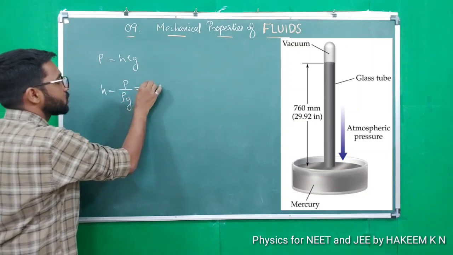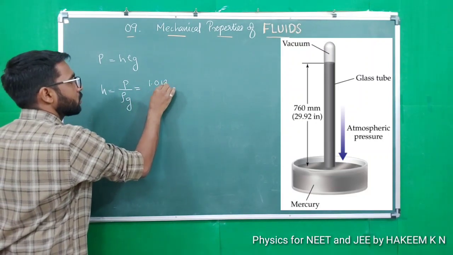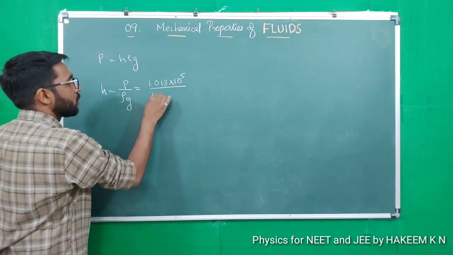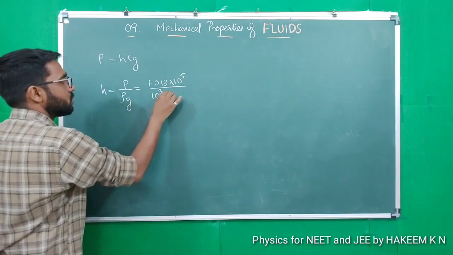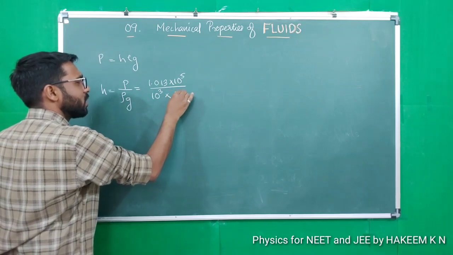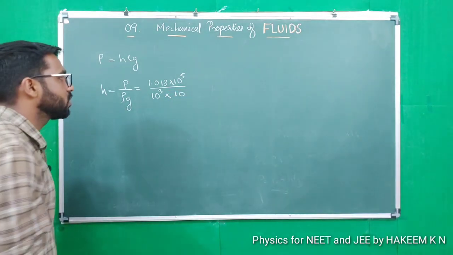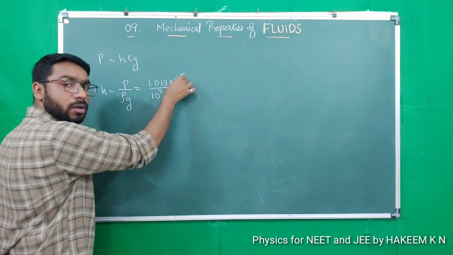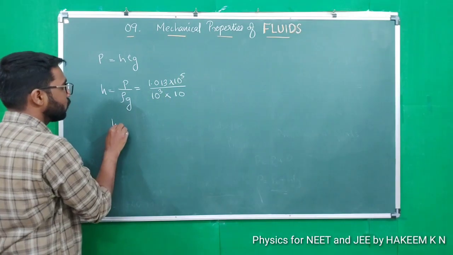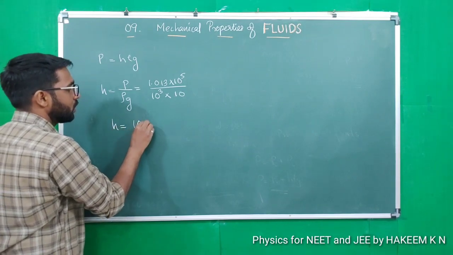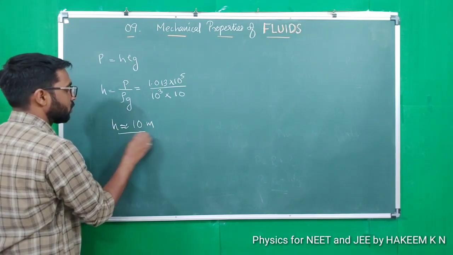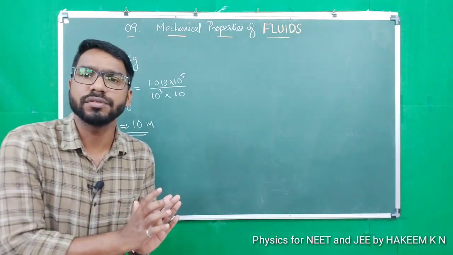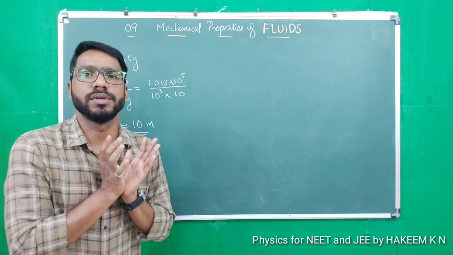So atmospheric pressure is 1.013 into 10 power 5 Pascal divided by the density of water, 10 raised to 3, and for g we can take approximately 10 instead of 9.8. Then the 10 cancels, 10 power 1 remains in the numerator. So the height of the water column should be around 10 meter if water is used instead of mercury in a barometer.